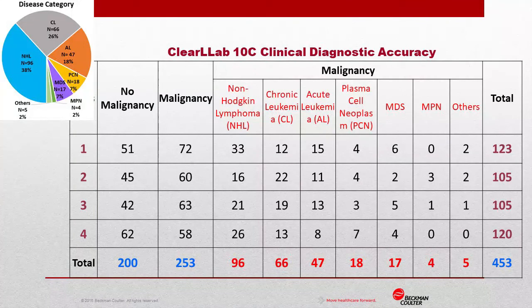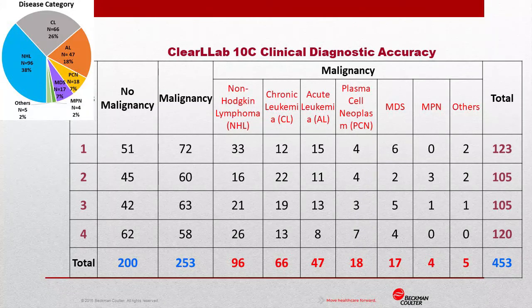So when we look at the entire set of samples that were run for this evaluation across 4 different sites, I've given you 8 examples of some of the sorts of samples that we saw from blood and bone marrow and lymph node tissue. We actually did run across all 4 sites a total of just over 450 samples.